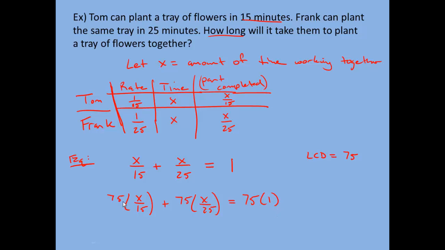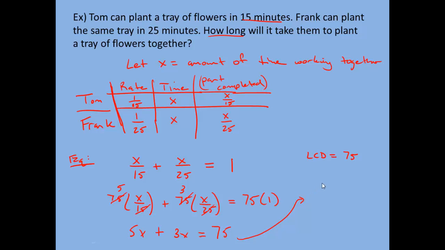And by doing this, remember, this helps us clear fractions, right? If I do 75 divided by 15, that's going to give me 5. So I'll have 5x plus, here 75 divided by 25 gives me 3, so 3 times x gives me 3x. And that's going to be equal to 75.